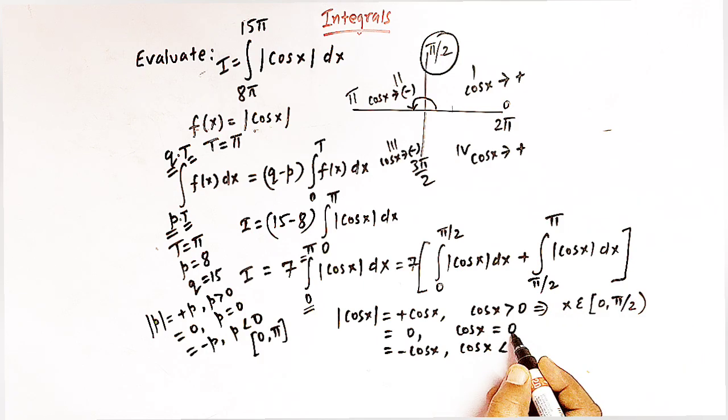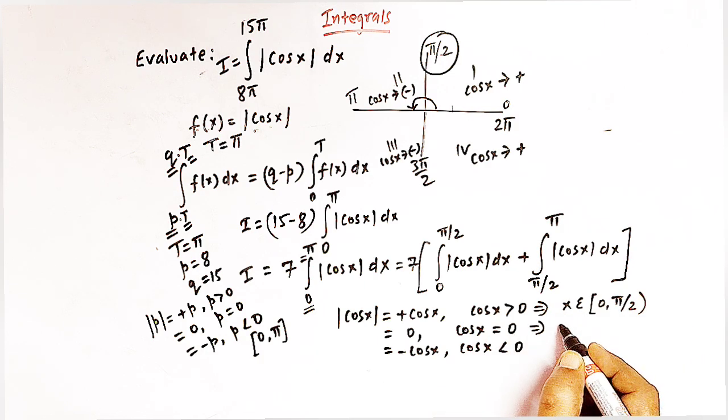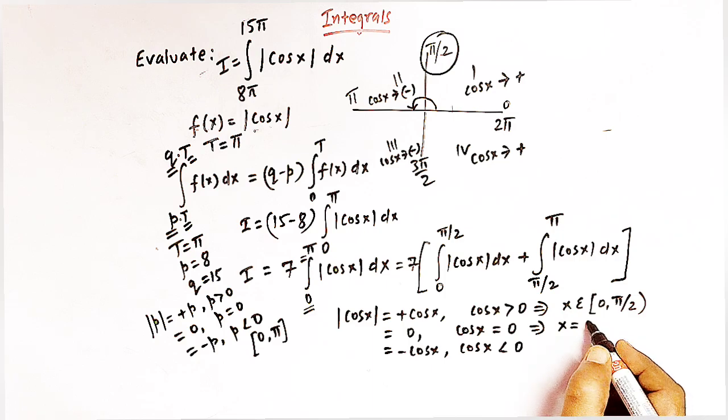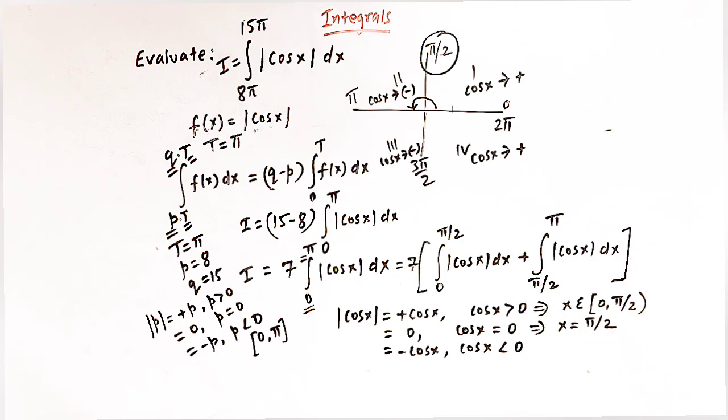And when cos of x is equal to 0, it implies that x is equal to pi by 2, right? Because cos pi by 2 is equal to 0, right? And when cos of x is less than 0, it implies that x belongs to the interval that is from pi by 2 to pi, right?